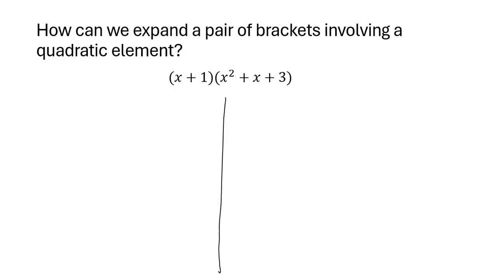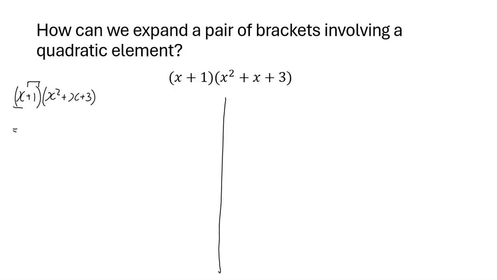Now the first method, what I'm going to do is expand around the first bracket. I'm going to take this one expansion involving a linear function with two elements, and use that linear function to turn it into two simple singular bracket expansions. I'm going to look at each part, the x and the plus 1 in this case, and expand the quadratic bracket using each part.